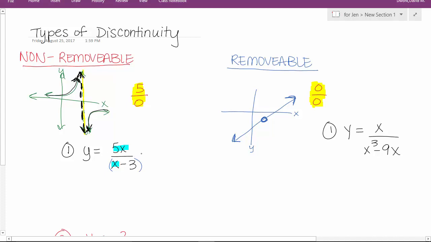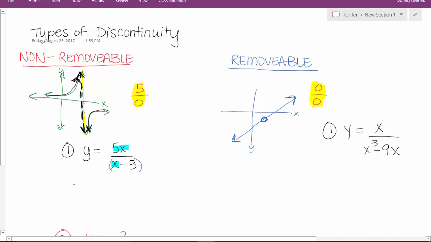And so there's nothing algebraically that I can really do to this right now to simplify it any, and again, I'll see this when I get to limits. If I physically put the limit value in, I would see that it is a non-zero number over 0, so I would know that it's non-removable as well.